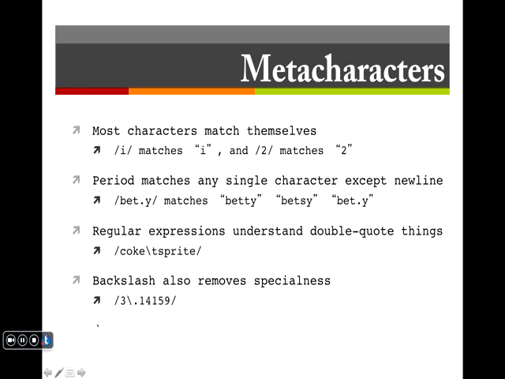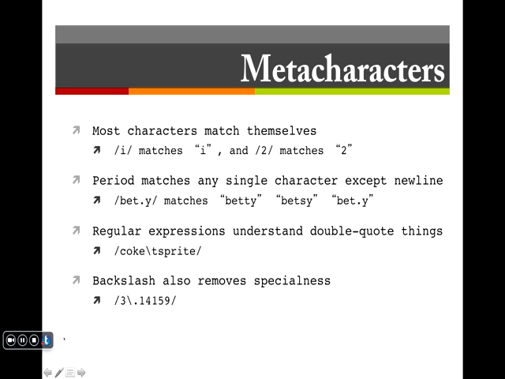What will happen here is that it will interpret the \t as a tab. So wherever there is any string of characters that has the word coq and then tab sprite, it will be a match. Now also I can use a backslash to remove the specialness of the character.